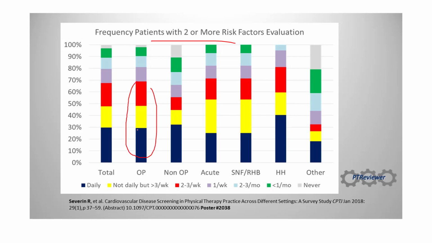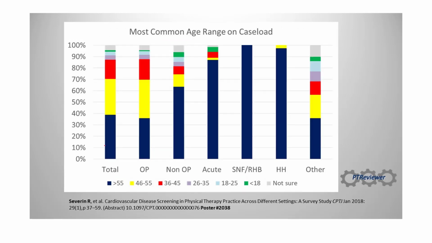There's a large portion, close to 30%, that are seeing patients with these risk factors or diagnosed cardiovascular disease outright daily. And looking at the common age range, like I mentioned, you're probably going to be treating patients who are over the age of 46. If you remember that graph, when we get past 46, and especially at age 55 and older, the prevalence is 40% or higher for hypertension.